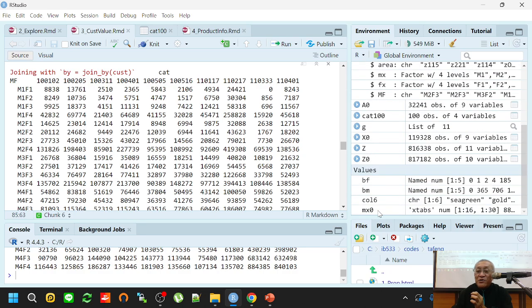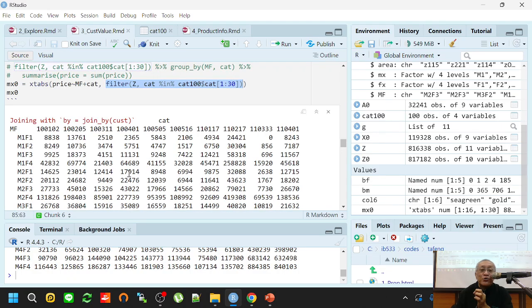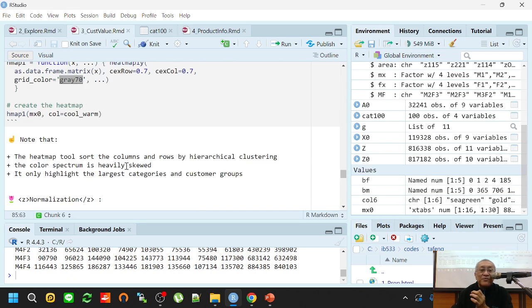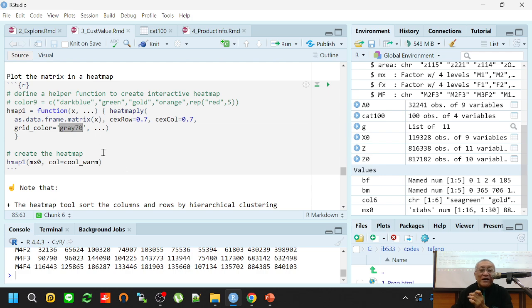So in this way, I have a matrix like MX0 should be here, right? It's a matrix like this one, but the matrix is difficult to see, right? So I turn it into a heat map. I'm using heatmaply function to generate heat map, but again, it needs to include a lot of options.